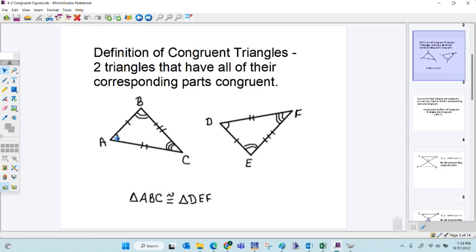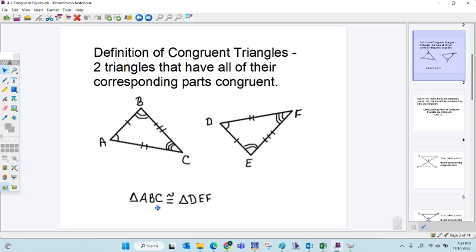So for example, because angle A is the same as angle D, we would put D first in the second triangle. And because B with the 2 marks is the same as E, we would put E next. And because C has the 3 marks and it matches F, F would have to be next. So the corresponding angles have to actually line up with each other.